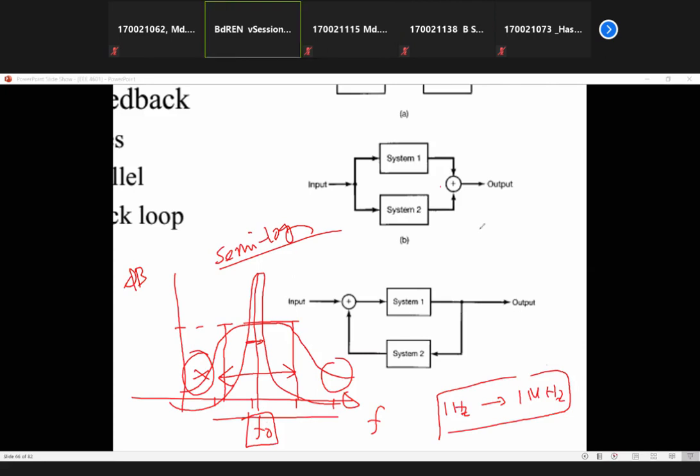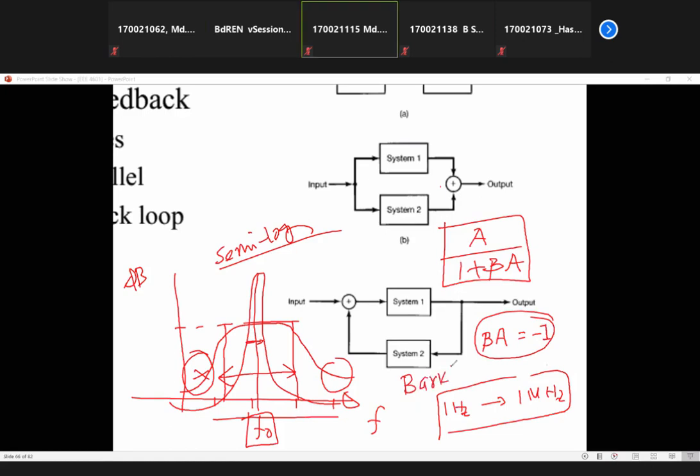Have you seen this type of equation? A divided by 1 plus beta into A is the gain. Yes, sir. And from this, we can derive a criterion that this quantity should be equal to -1 for an oscillator ideally. This is called the Barkhausen criterion. Barkhausen. Have you heard this name?